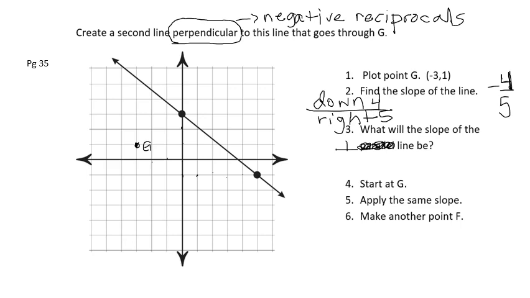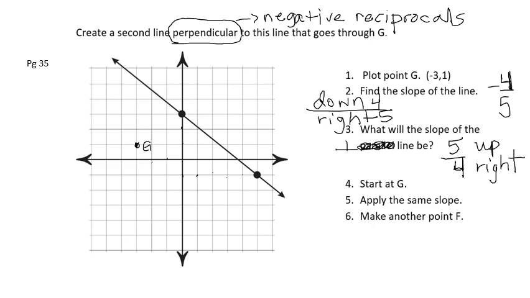The slope of the perpendicular line should be the opposite sign, and the fraction should be flipped. Now, that slope is positive. So what that tells me is that we're going to go up and right instead of down and right.